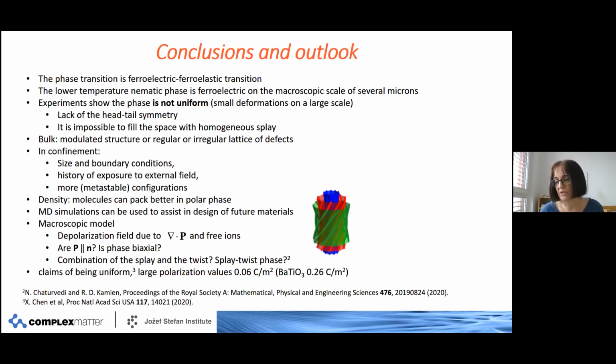If the director and the polarization are parallel, then the splay deformation is the divergence of the polarization, and in this case, the depolarization field will suppress splay. However, you have seen that the molecular long axis and the dipoles are not parallel, so there is no need for the polarization and the director to be parallel, and the phase can be biaxial.